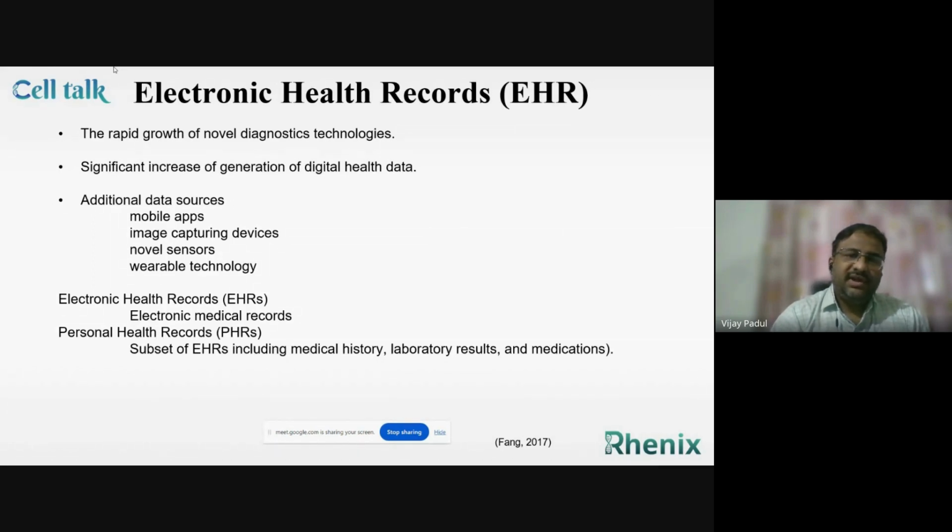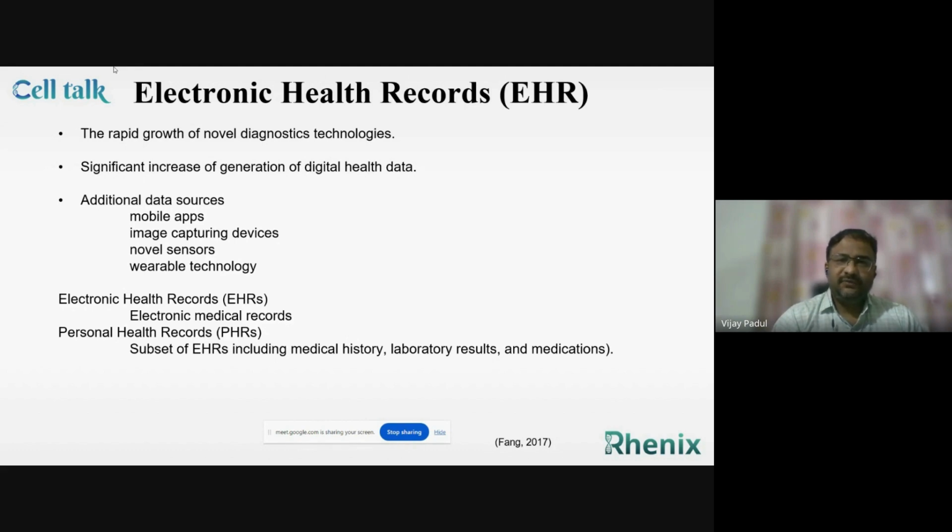These electronic health records store all the data coming out of the health analysis of that individual patient: different test results, different medical visits to the doctor, the treatments that were suggested, diagnostic measures that were suggested, and different drugs that were administered.